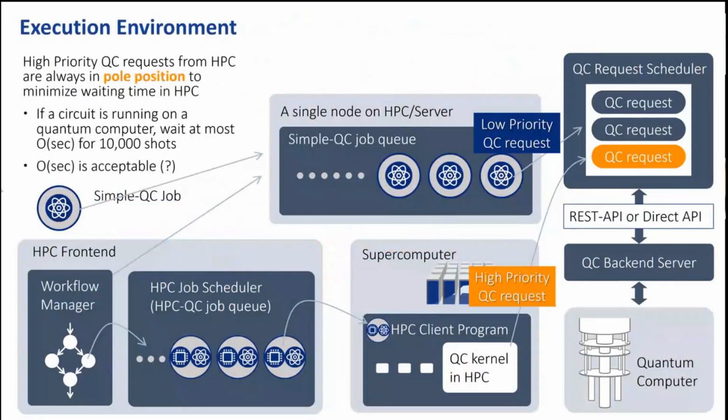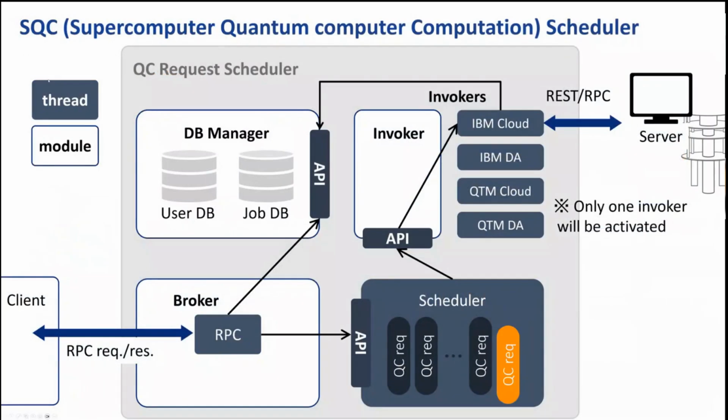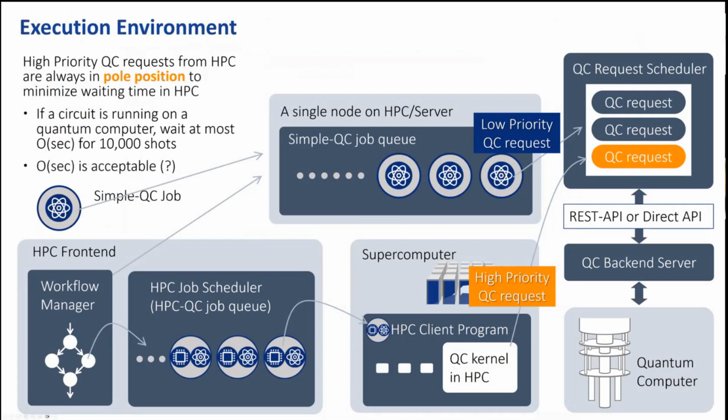So this QC request scheduler corresponds to the one at the top right. The dependency is basically written at the HPC program level. It means that when a quantum circuit request is sent to the scheduler, the dependency has already been resolved by the user.